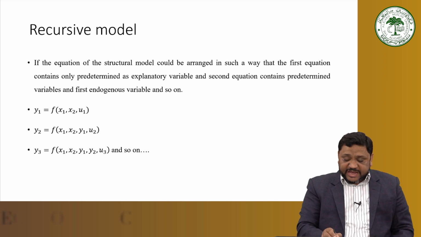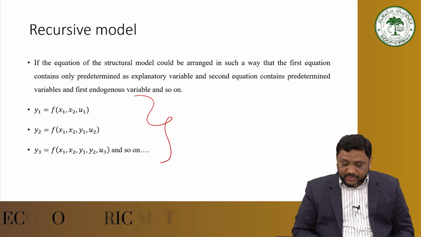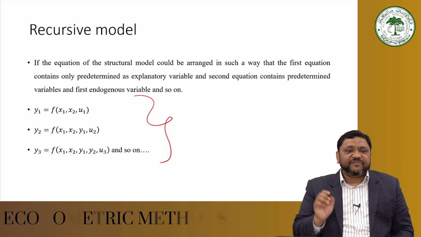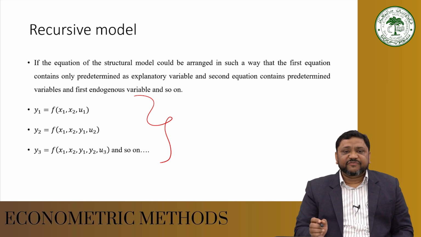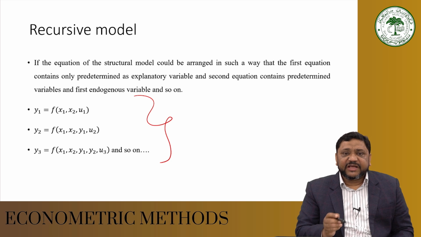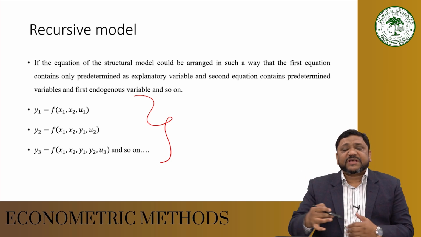So if the equations can be arranged in such a way that the first equation contains only predetermined variables as explanatory variables, and the second equation contains predetermined variables and endogenous variables, and so on.